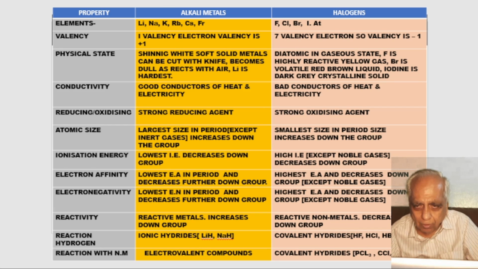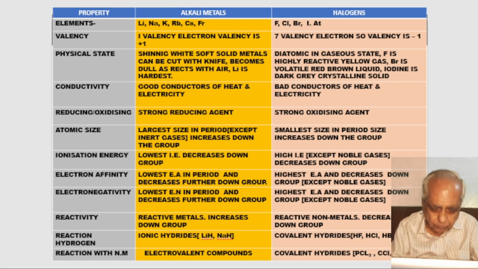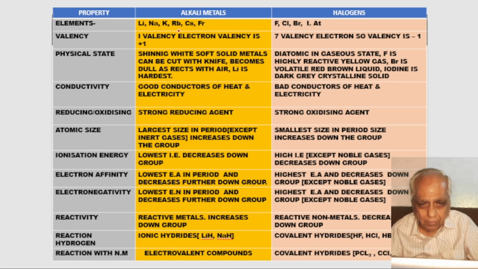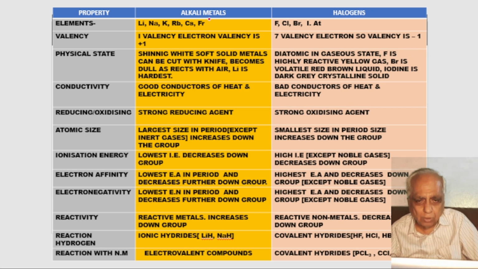Is it all right? So these are the elements. So what is the valency of all these? All are in group 1. So valency is +1. Metallic means +1. It will donate 1 electron. And halogens would have valency -1 because it has got 7 valence electrons. This has got only 1 valence electron.